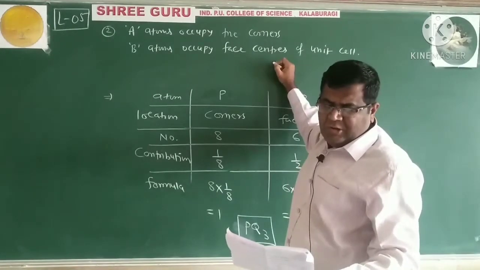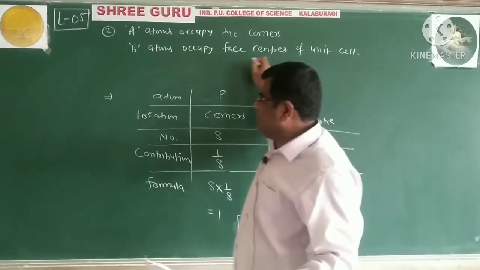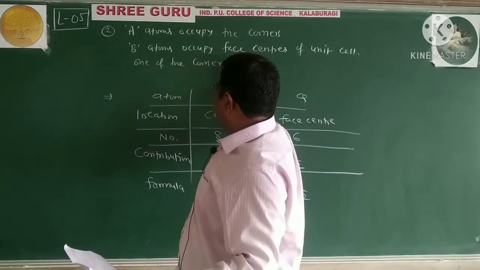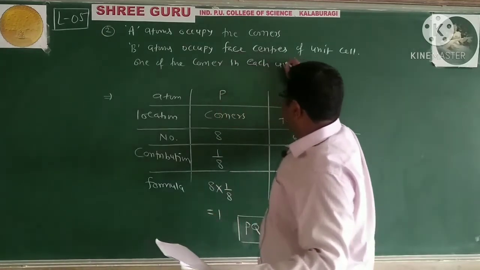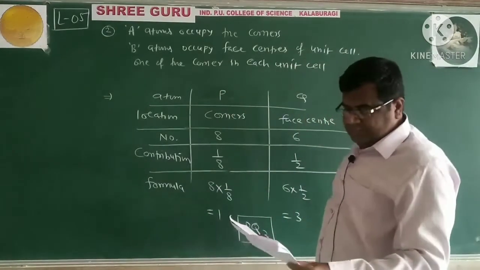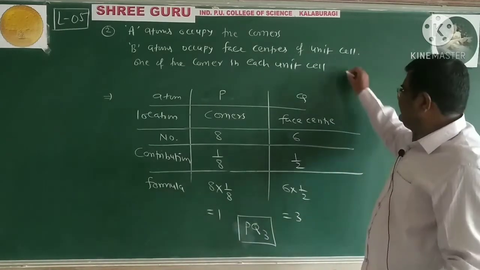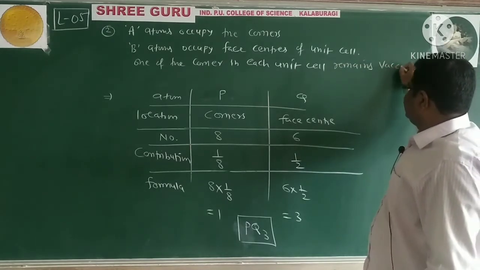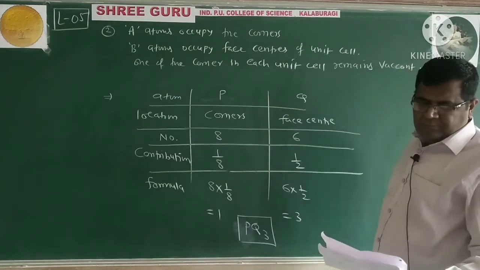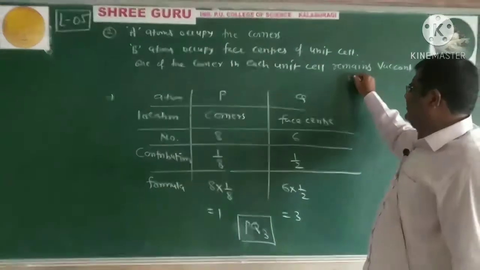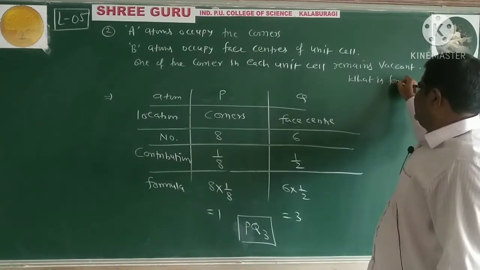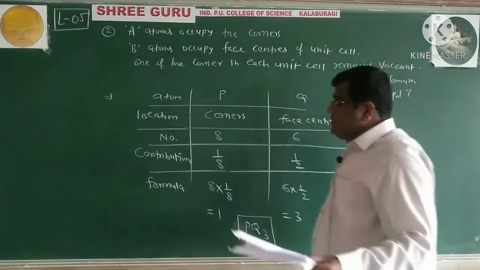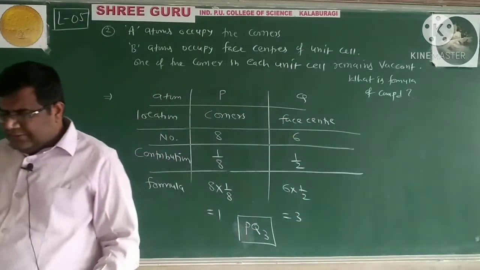And what they mention here is, one of the corners in each unit cell remains vacant. What is the formula of the compound?